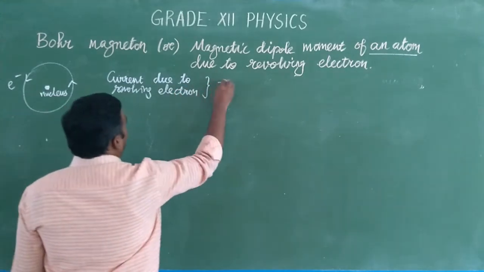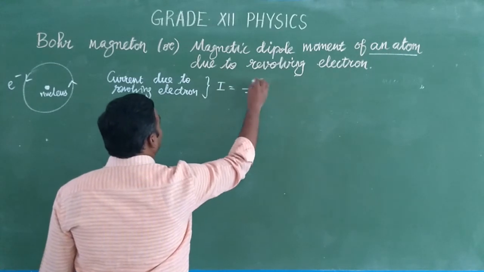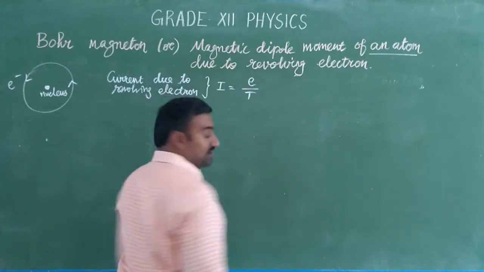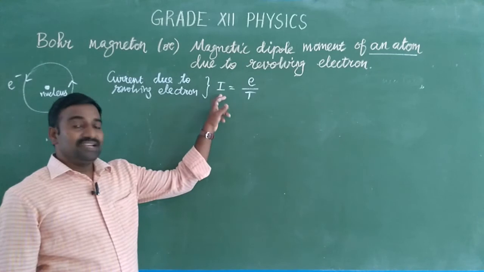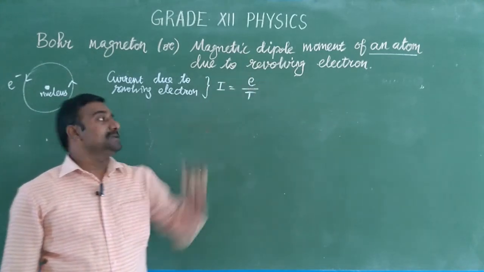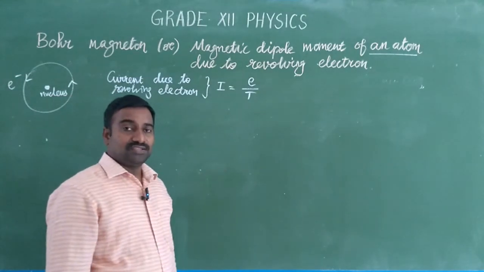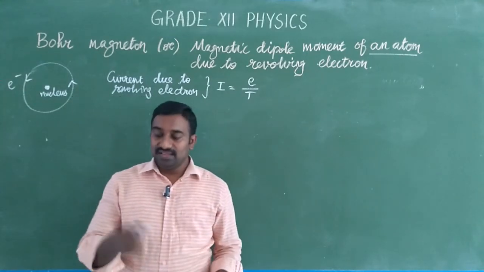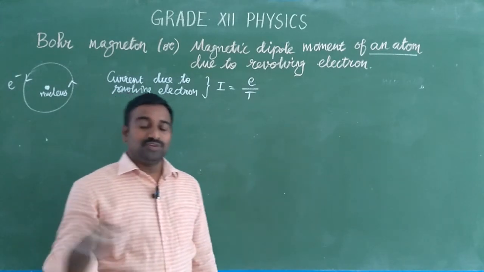We know the current is the rate of flow of charge. Here the charge is e, the electronic charge. From current electricity we know that current is defined as the rate of flow of charge. But what is the path of the electron revolving around the nucleus? Does it have an angular velocity or a linear velocity? Angular velocity, because the electron revolves in a circular path.